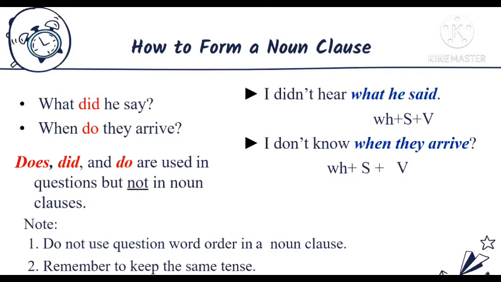For example, what did he say? In the noun clause, you cannot say, I didn't hear what did he say. Not like that. The order is question word, subject, and verb.